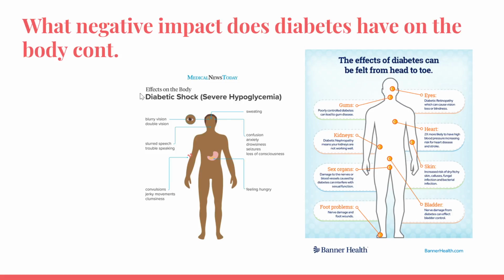There's also diabetic shock when there's not enough glucose in the cells, so then you go into diabetic shock, which can be bad for you and cause convulsions, jerky movements, and clumsiness, in addition to confusion and anxiety. And then this one just shows the effects that diabetes has on each major part of the body.